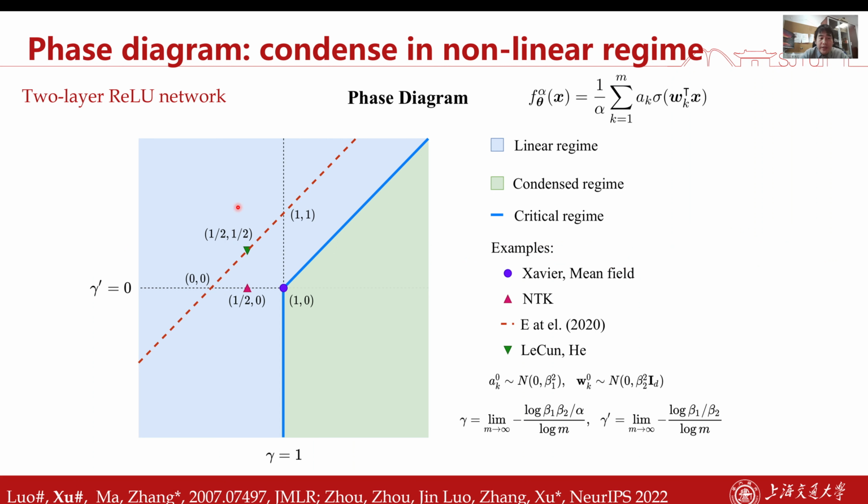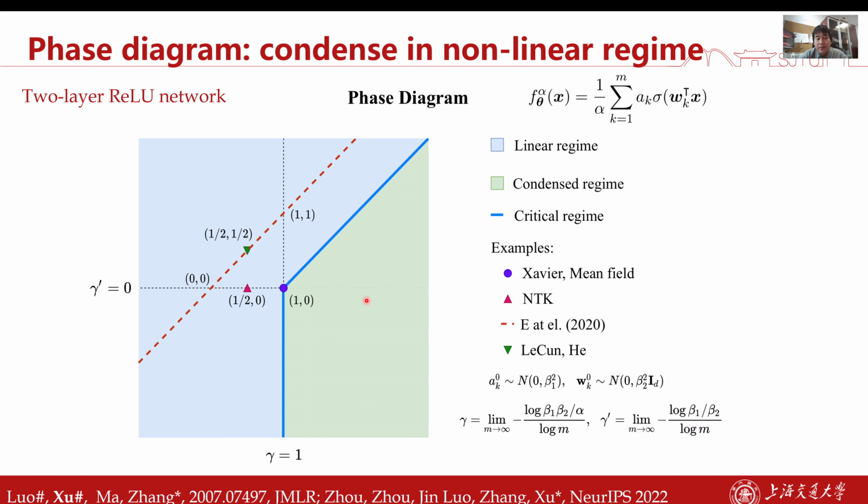This blue regime is the linear regime, meaning if the neuron number goes to infinity, the weights after training deviate very little from the initialization. But for this green area, the weights have significant deviation from the initialization.